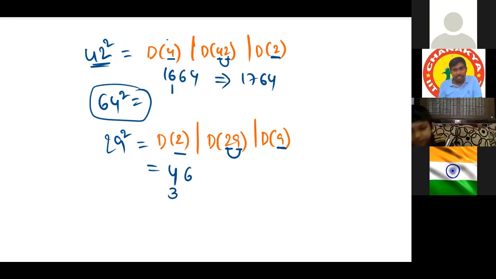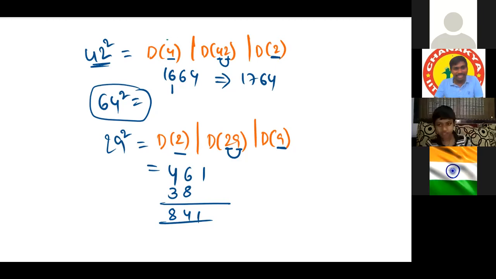Then 9 square is 81. We write it this way: 8 here, 1 here, balancing. So after balancing, your answer will be 841. You can check with your calculators. That's 29 square.